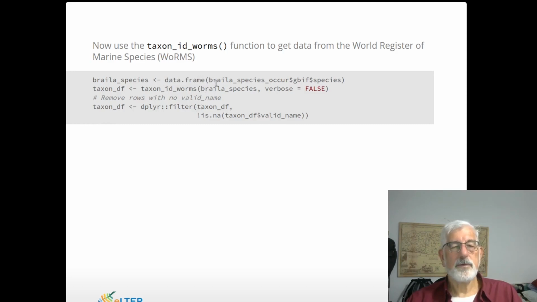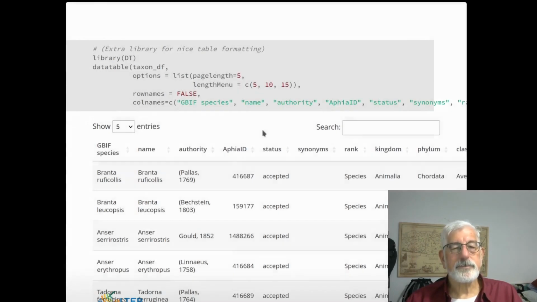So we select from the Bryla Species Occurrence the species column, which are names of the species, reformat it as a data frame, and then pass that into taxon ID worms. So Bryla species is a data frame, and we call taxon ID worms with that data frame. The next function simply removes those rows where there's an invalid name. And this is what we get back.